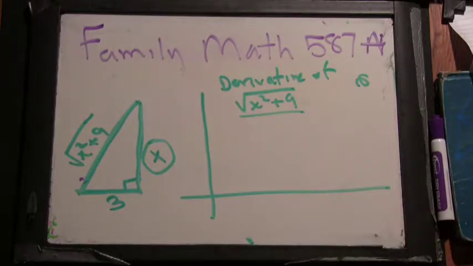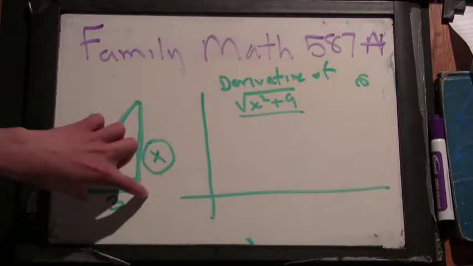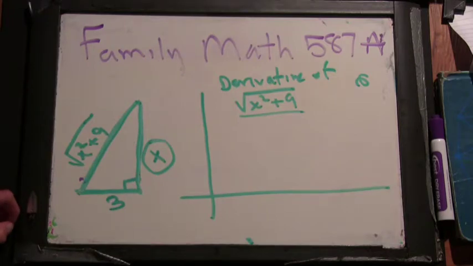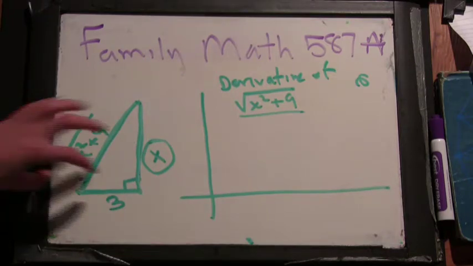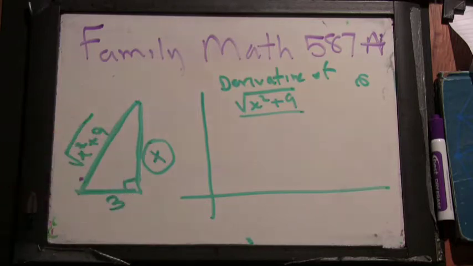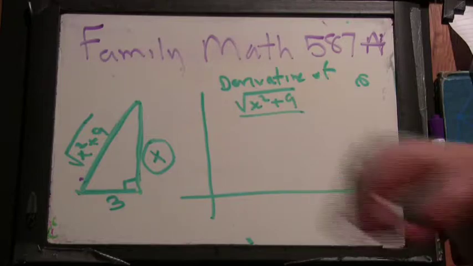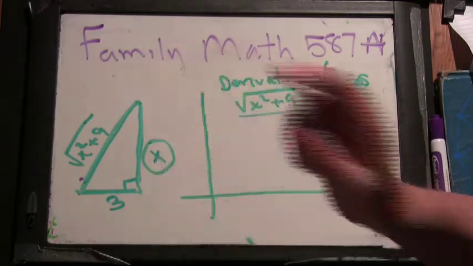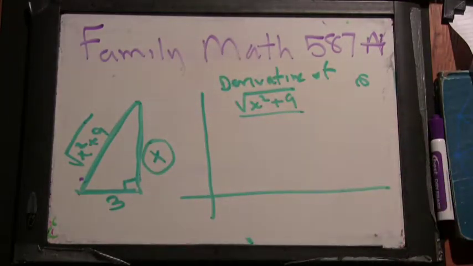Can you tell me? Well, it can't really be 3 because then it would just be like a line. It can be a little larger than 3, and that's when x is a really small amount. Okay. And you think as x grows larger, the hypotenuse always grows larger too?